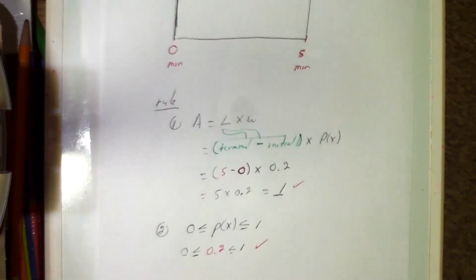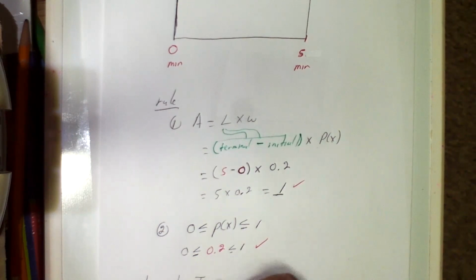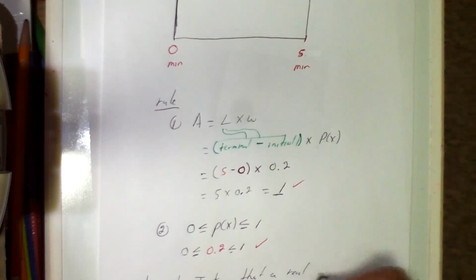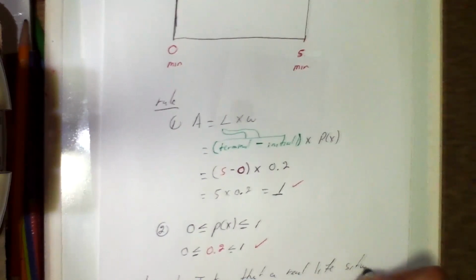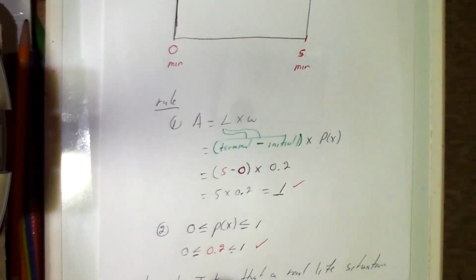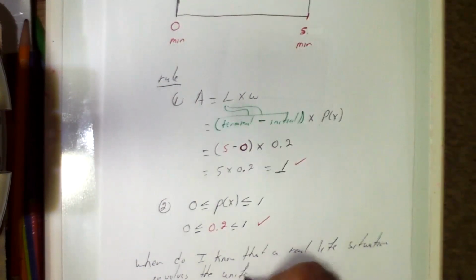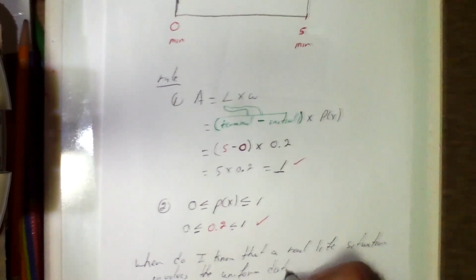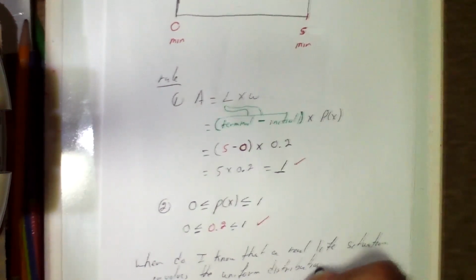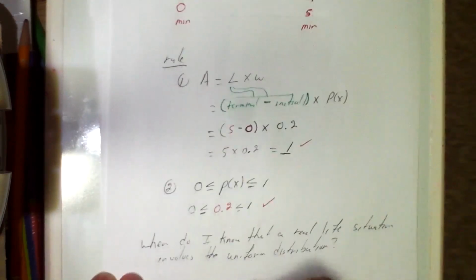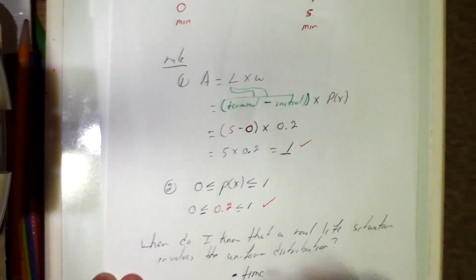Okay, so I'm going to put a little note. When do I know that a real life situation involves the uniform distribution? When time is a factor, or your intervals.